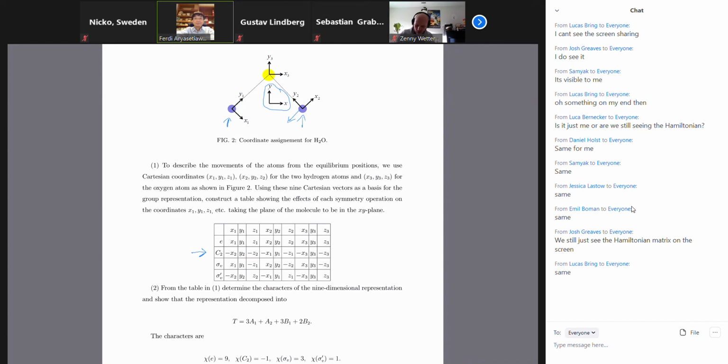And z1 will change direction, because z1 is perpendicular to the plane, so z1 points upwards towards us, but when we rotate, it will go downwards. That's why it becomes minus z2, because z2 is also defined towards us, and so on with the other coordinates. So it's quite straightforward to work out the effects of the symmetry operations on each of the coordinates.